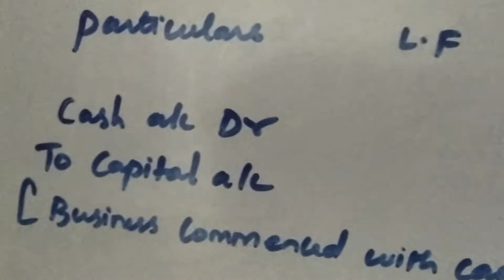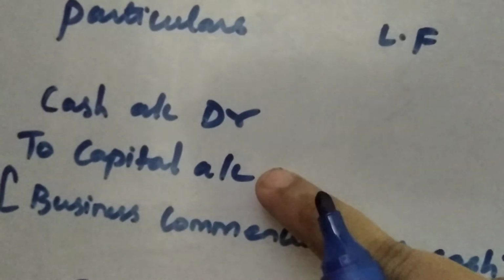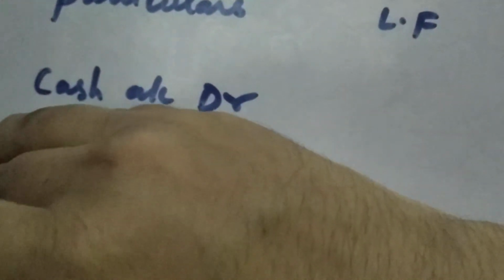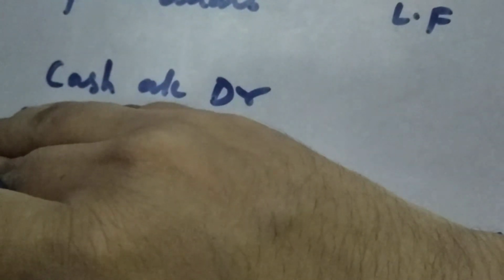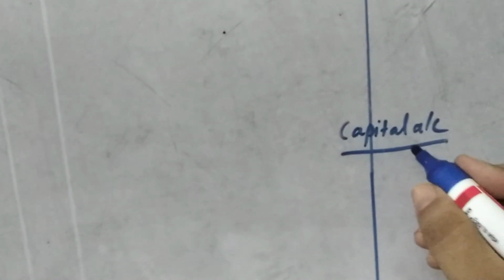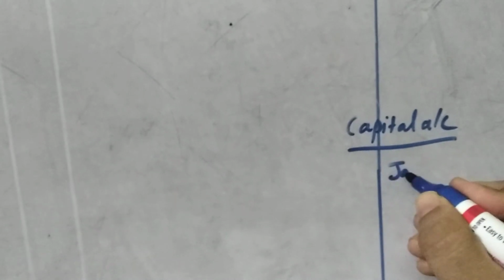Only one part of the entry is recorded. Again come back to the journal entry. Now we will be recording in the capital account. So when you are recording capital account, close capital account, what is there? Cash account is there at the top. So in capital account you have to write Jan 1st, by cash.